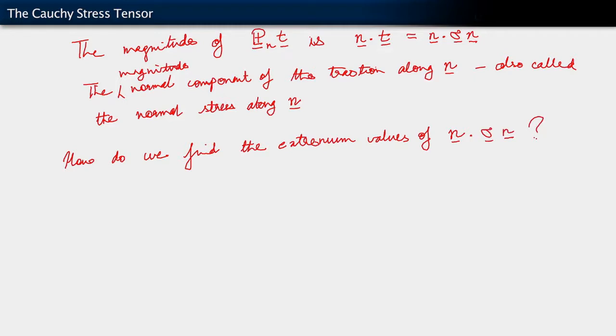Now, the way we find maxima and minima, or extrema in general, is through the differential condition for first order extrema. Essentially the approach is the following.